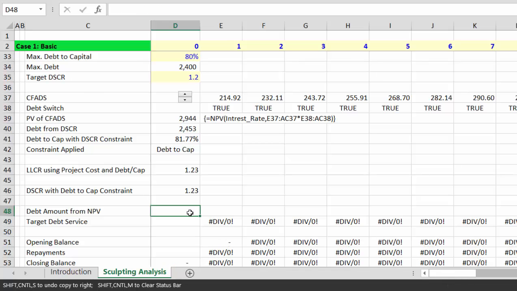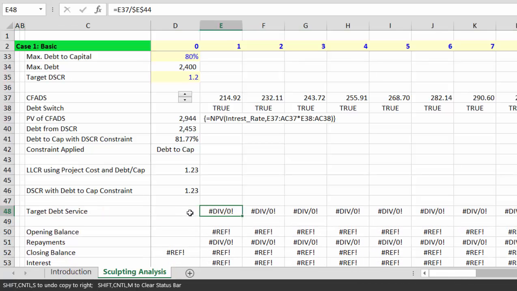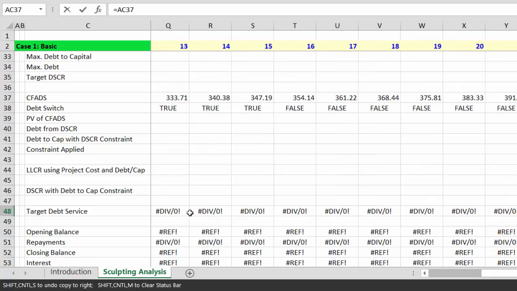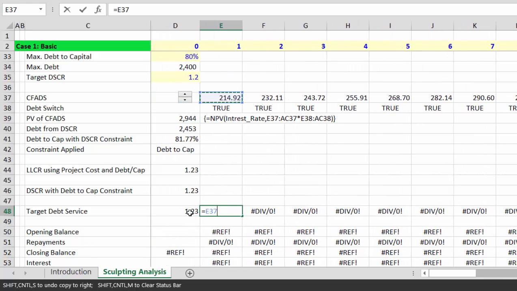All right, now let's compute the target debt service. We don't need this. We use this number, so we take our CFADS, this goes to the whole thing, divided by this number, not the other one, and multiply that one by the debt switch.